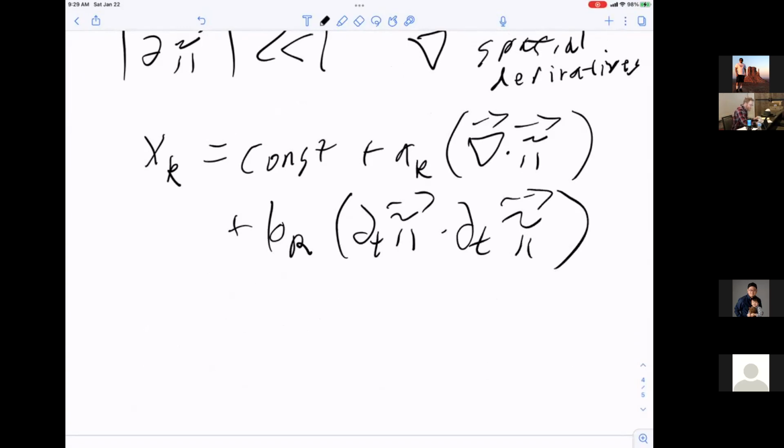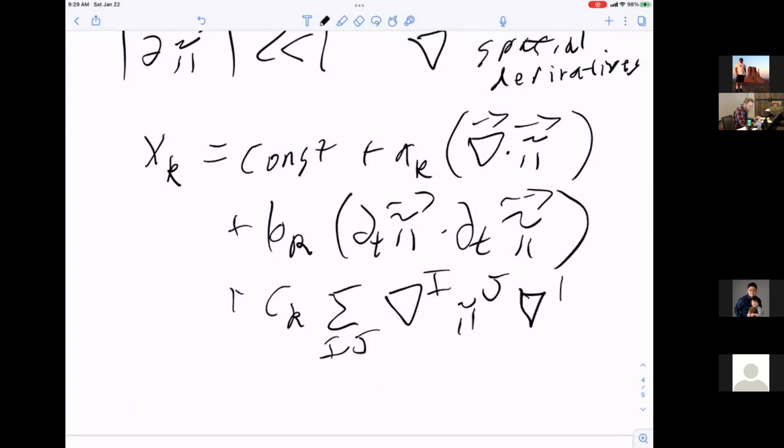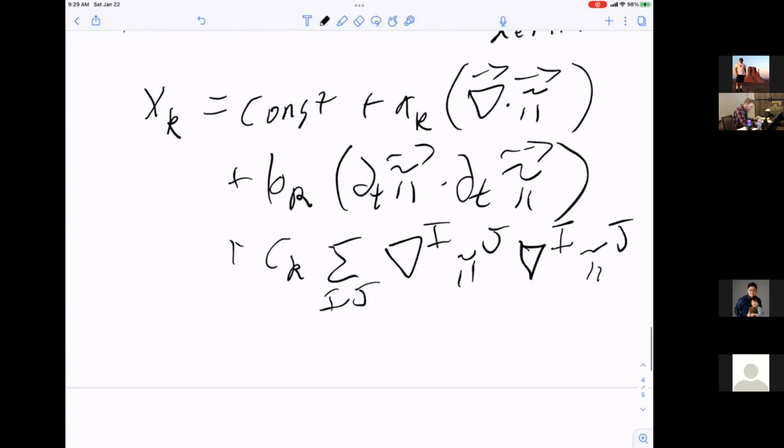There'll be a time term. There'll be this transverse term. You'll see why I call it transverse in a little while.